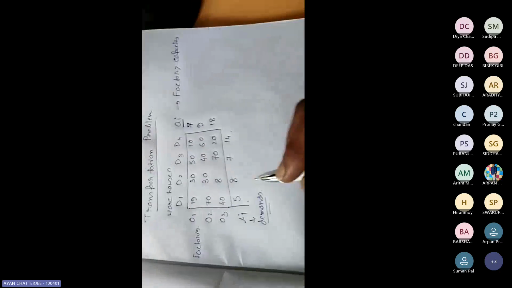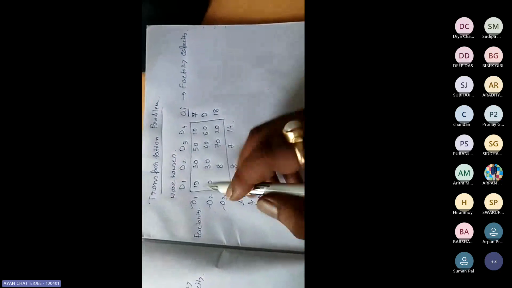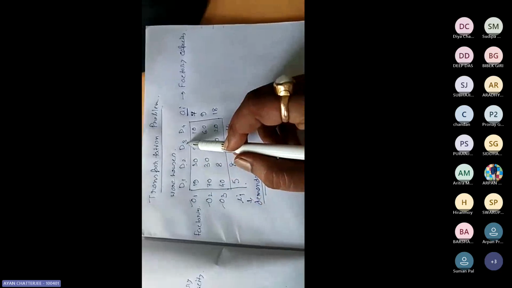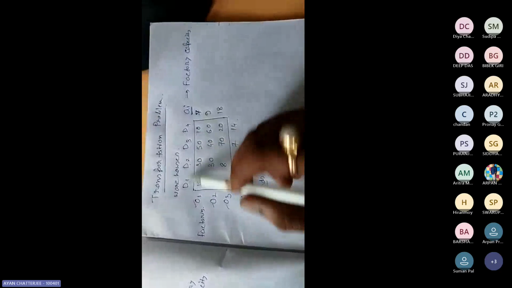These factories, imagine they are in South India, are denoted by O1, O2, and O3. Corresponding to that, the warehouses are placed in Amtola, Dankuni, Kolkata proper, and Katwa. These four are the warehouses.